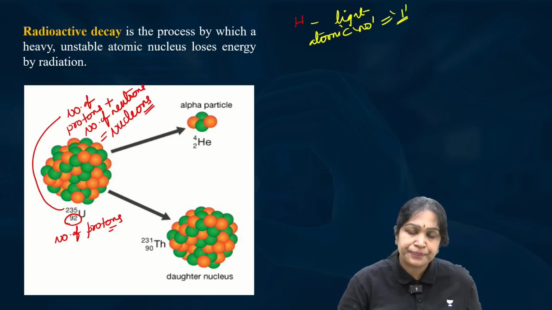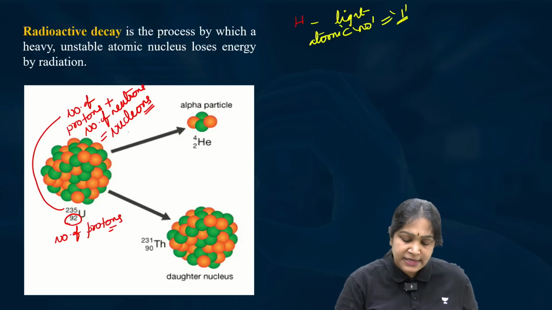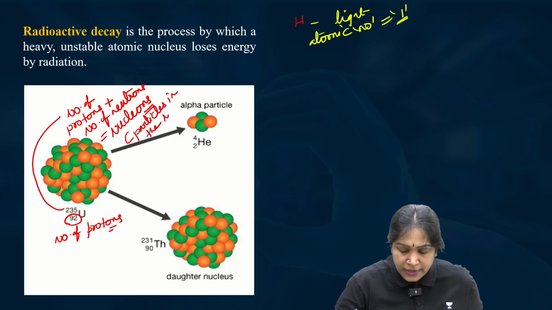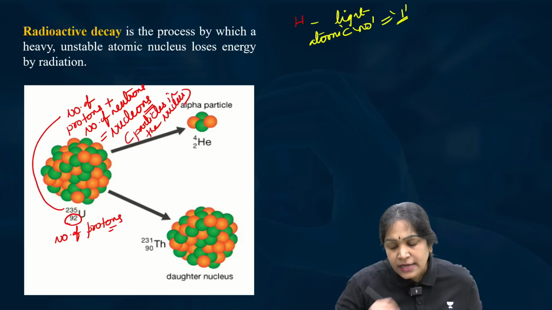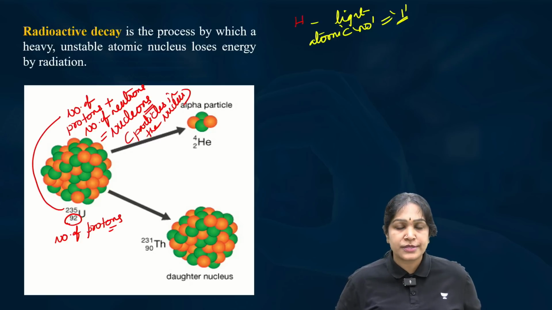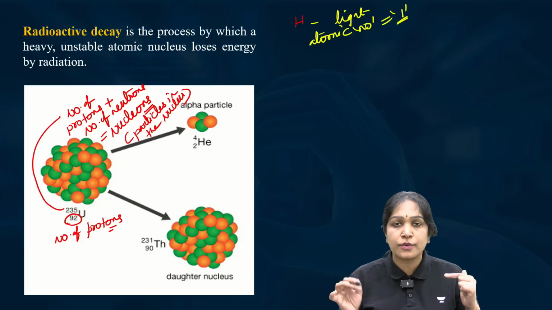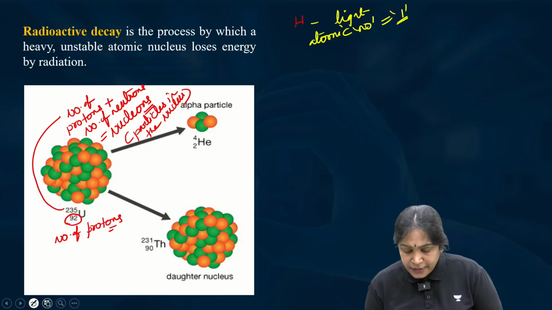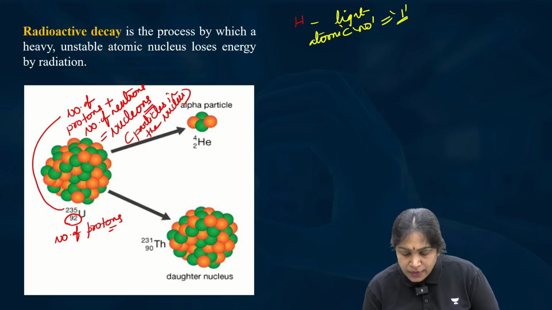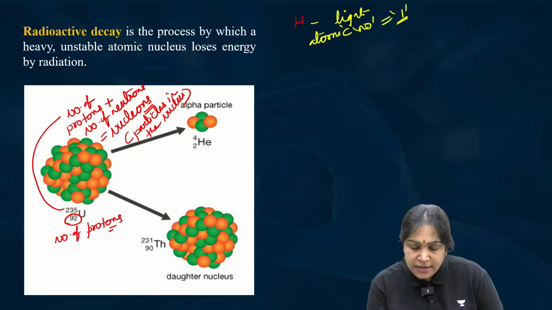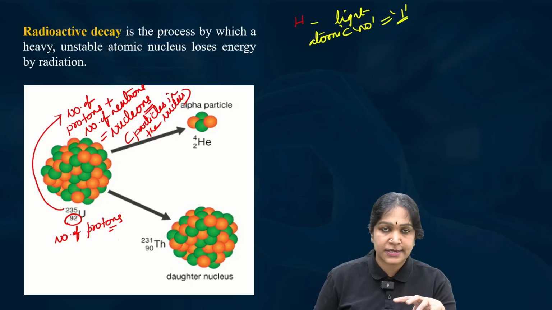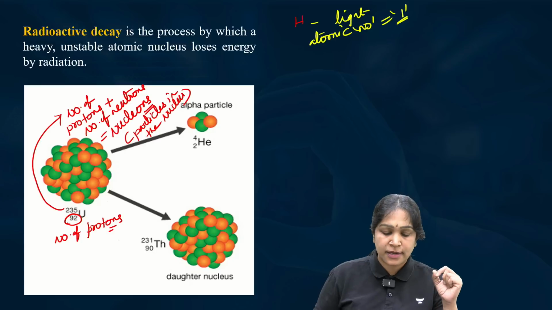Nucleons means the particles present in the nucleus. You know that in the nucleus we have protons and neutrons, and electrons are orbiting the nucleus. We discussed this yesterday also. So for uranium, 92 is its number of protons, whereas 235 is the number of protons plus neutrons. That is the number of subatomic particles in the nucleus.